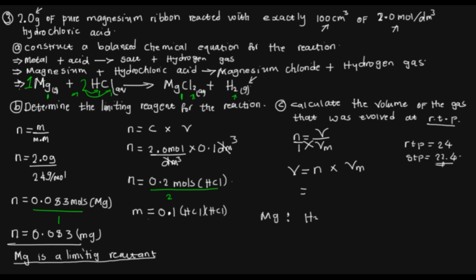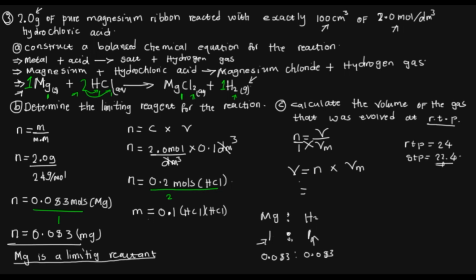The number in front of magnesium is 1, and the number in front of hydrogen also is 1. So there is a 1 to 1 mole ratio, therefore the number of moles is equal. Since magnesium has 0.083, our hydrogen will have 0.083 too, since they consist of the same mole ratio.